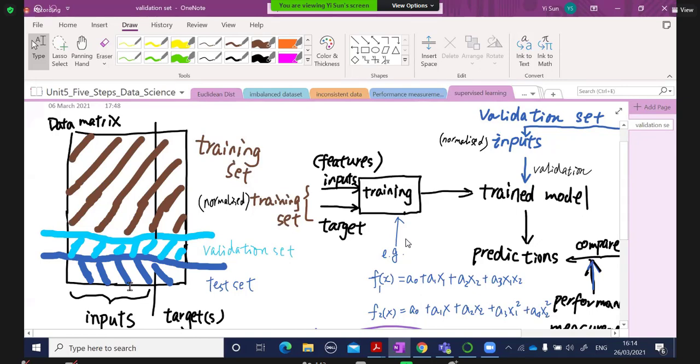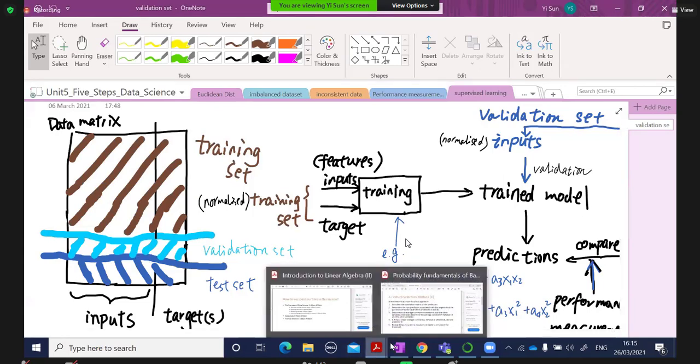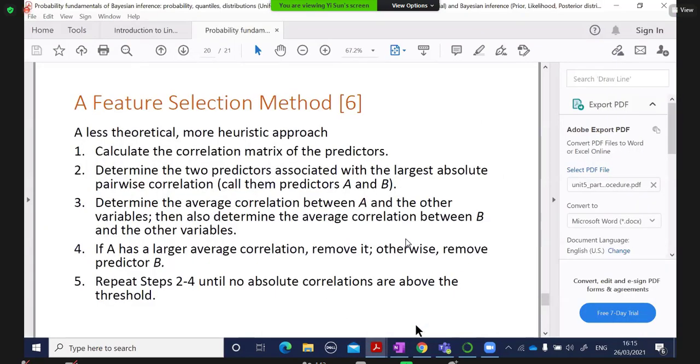I wouldn't say for all of them, but for many. That is why, when you apply many algorithms, we prefer that the columns are independent of each other. Okay, that is for today.